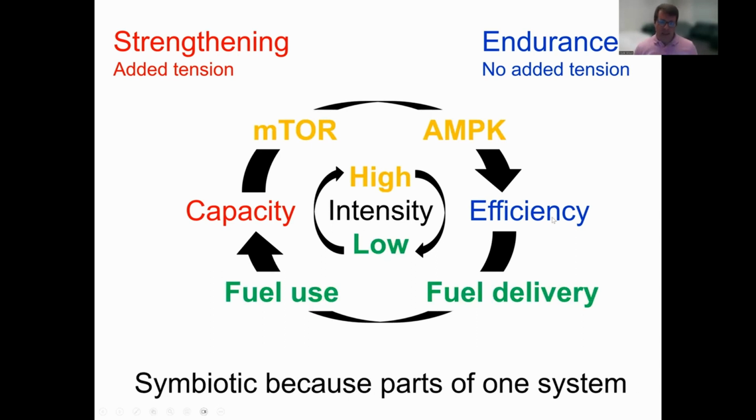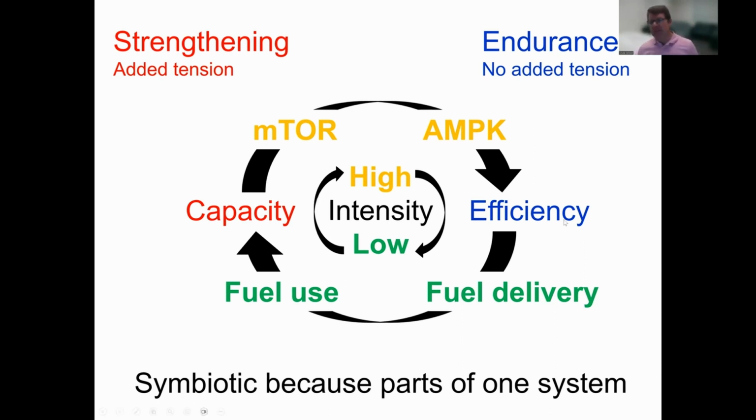And we've touched on the mechanisms that underlie these different training quartiles, these components of our training zones. And that is that at the higher intensity, we're activating mTOR and satellite cells to increase the engine size. And at the lower intensity, we're increasing the efficiency of fuel use within the neuromuscular system.